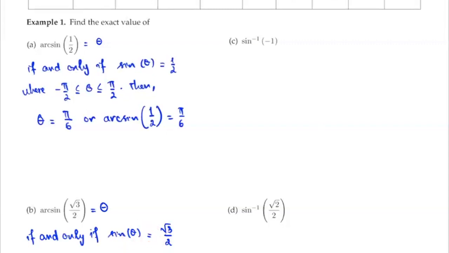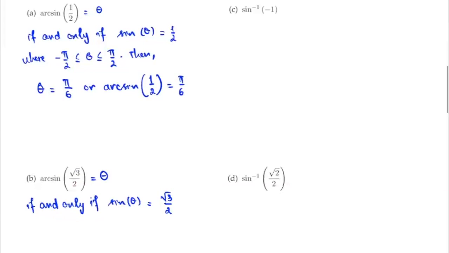Again, you take sine on both sides of this equation, and the sine with the inverse cancel out, and you're left with root 3 over 2. On the right-hand side, you have sine of theta. So you look for theta such that sine of theta is equal to root 3 over 2.